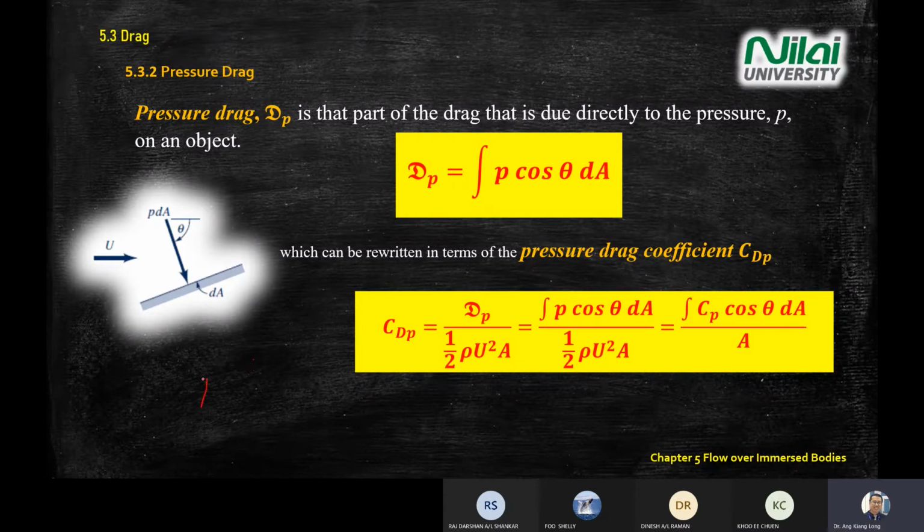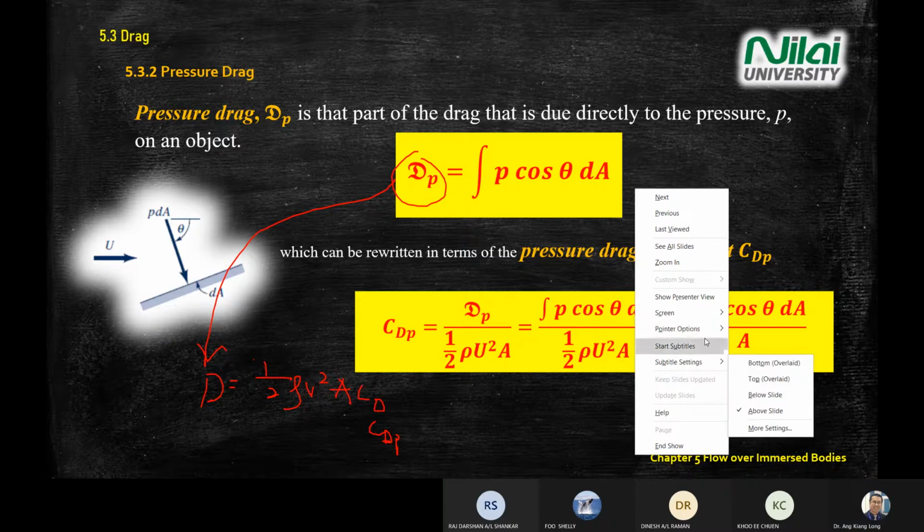So basically, you're back to the fundamental equation, drag equals half rho V squared A CD. If you want to find pressure drag, this one becomes pressure drag, and CD becomes pressure CD.